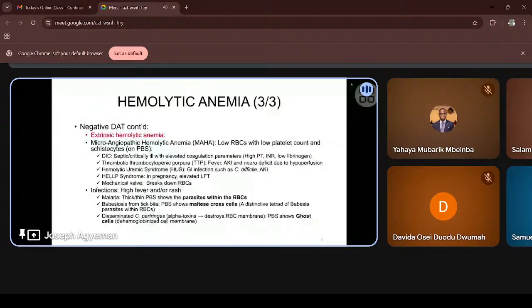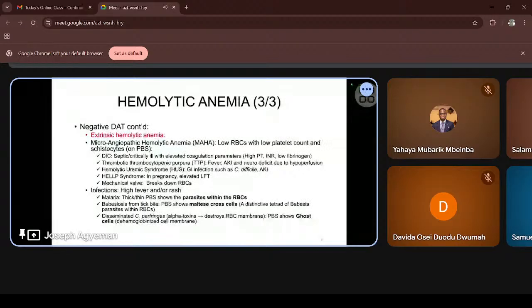So typical of MAHAs, those who have worked in the ICU, I'm not going to ask you questions, so please don't panic. In the ICU, we normally have a lot of MAHAs, be it HELLP syndrome, as per the OBGYN cases, be it hemolytic uremic syndrome, be it thrombocytopenia, where you have been dealing with a drug called eltrombopag olamine.